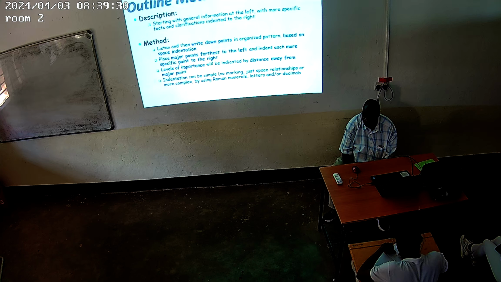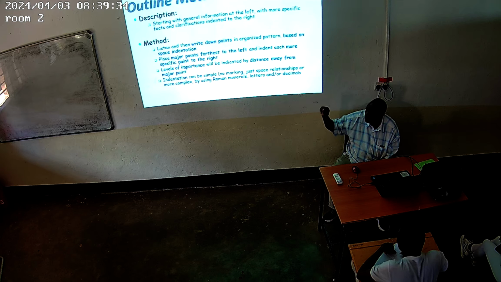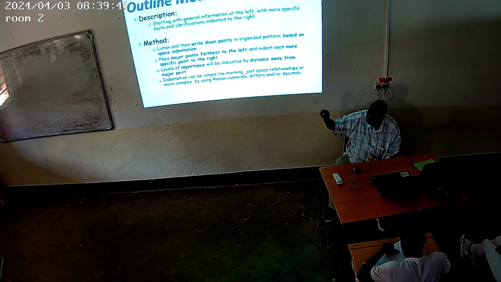In other words, your main point there, and then to the right, if there is a sub point or specific point, then you indent, you put a point there.